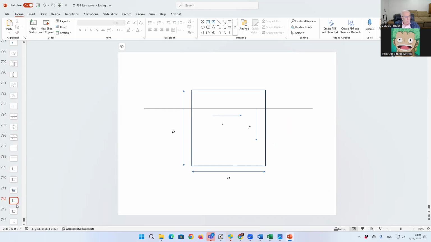Then I depict the infinitesimal area at this position.